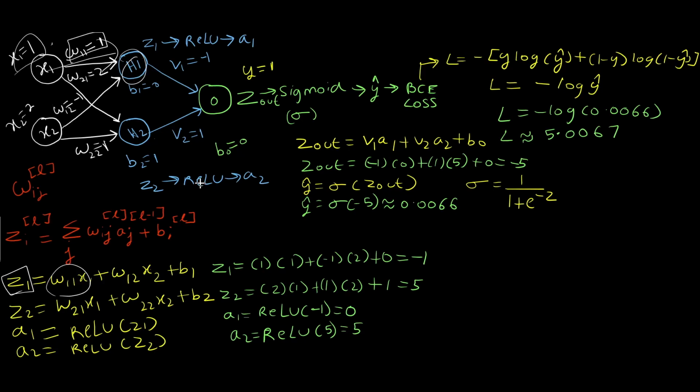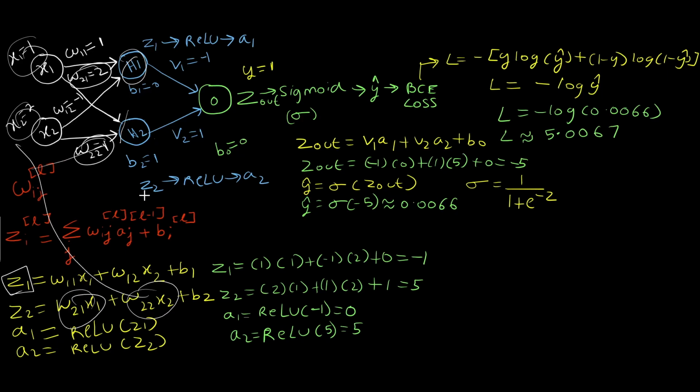Similarly, for H2, we will have two incoming connections. This weight multiplied by this input, which is W21 X1, and W22 multiplied by X2, added to this bias.